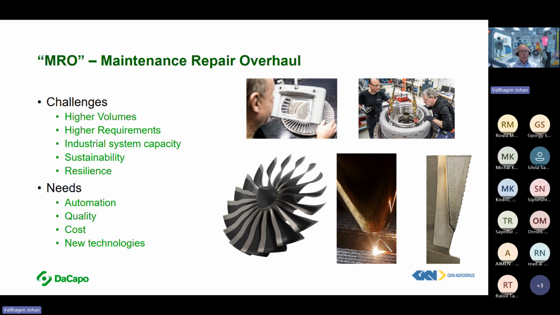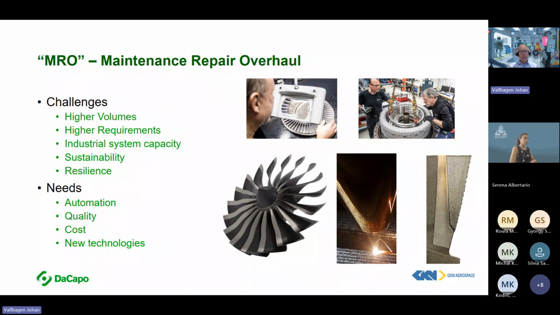The quality, both from the future engines' requirements, but also we see a potential to maintain or repair to a higher level of quality, which will also have an impact on the performance and fuel consumption of the fleet flying at the moment and over its lifetime.